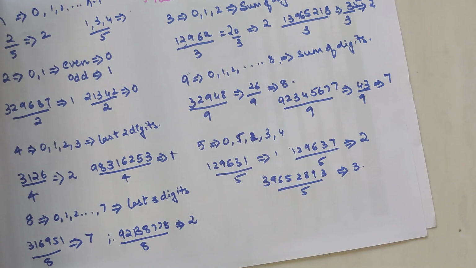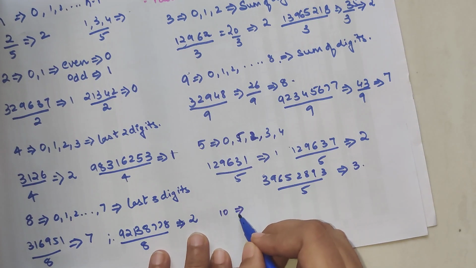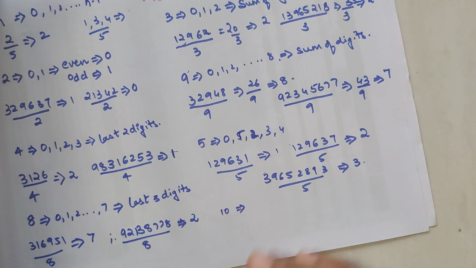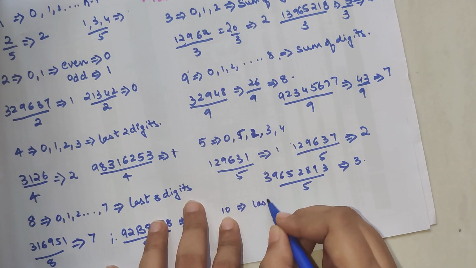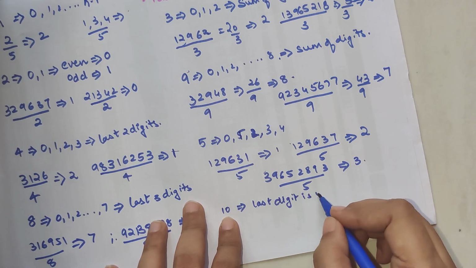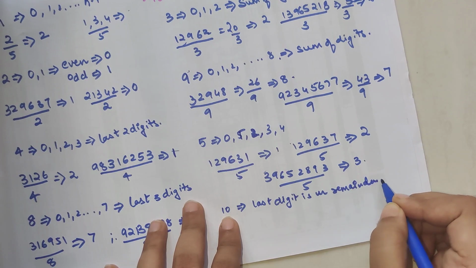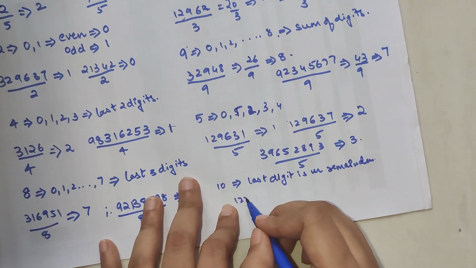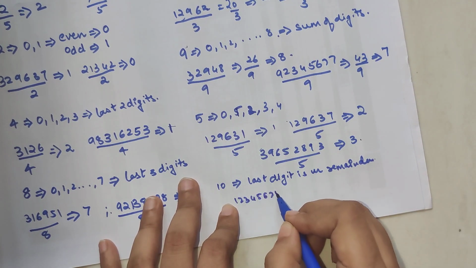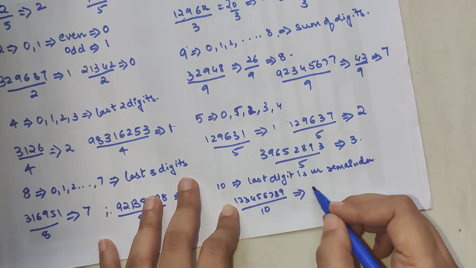Okay, now let's come to the next divisibility rule, which is of 10. And trust me, that is super, super simple. Whatever is your last digit is your remainder. Okay, so if I give you 123456789, my last digit is 9, so my remainder is 9.